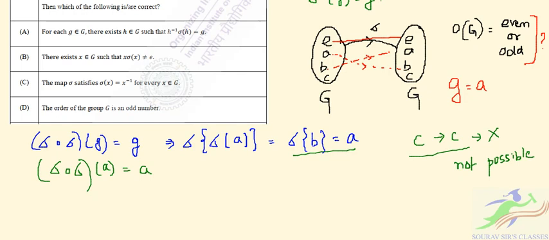So now if we want to map C onto A, what will happen?